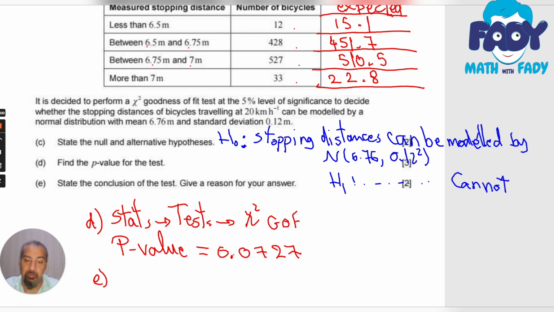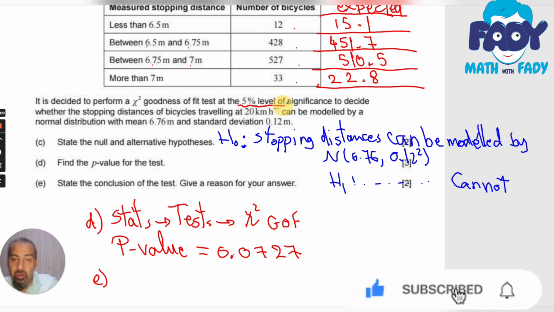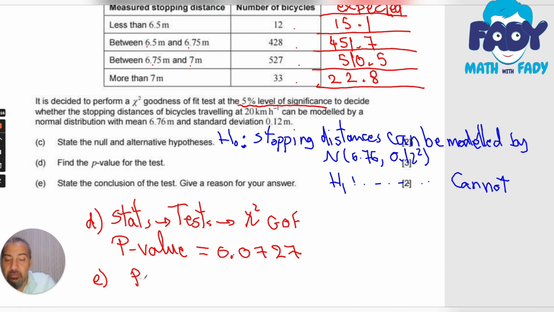Give a reason. So, if the p-value is 0.0727 and level of significance is 5%, so we can see that the p-value, this 0.0727, is more than alpha, the level of significance, which is 0.05.